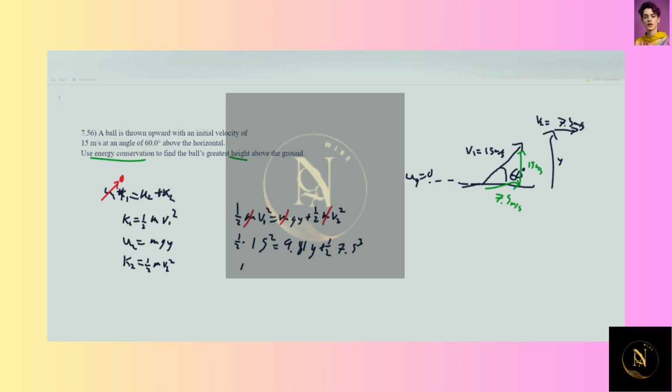So we get 112.5 equal to 9.81 y plus 28.125. So then we get y is equal to 8.6 meters after you do that subtraction and division.